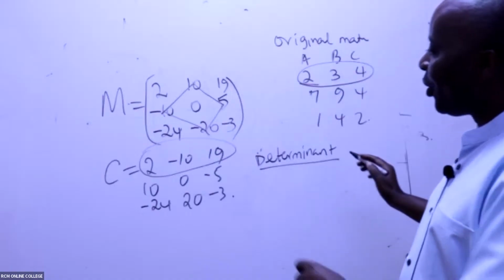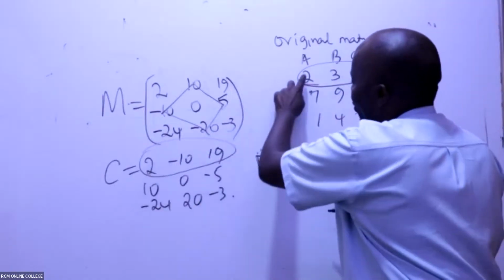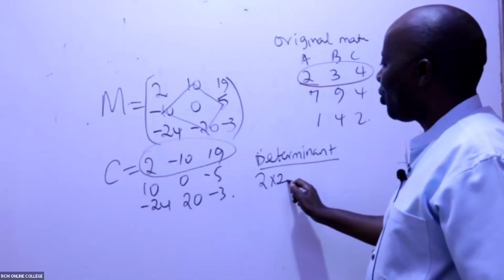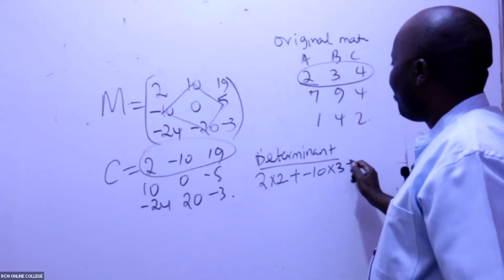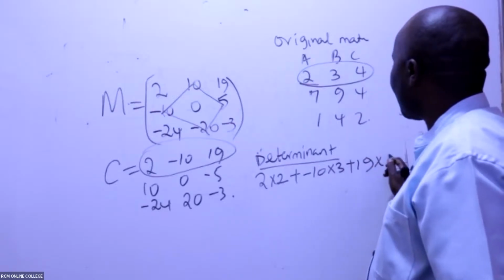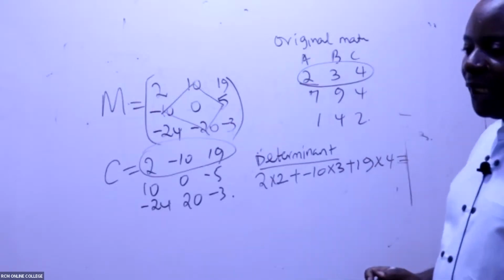How do we get this determinant? Very easy. So you combine. It will be 2 times 2, plus minus 10 times 3, plus, in this case here, 19 times 4. So are you able to give me this answer?